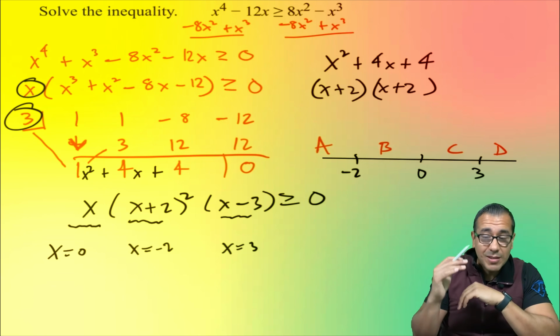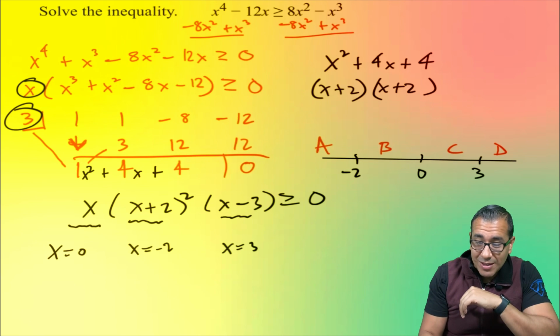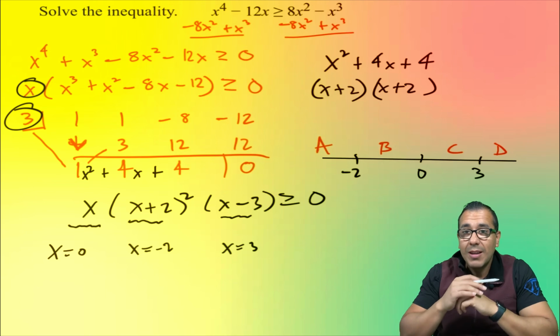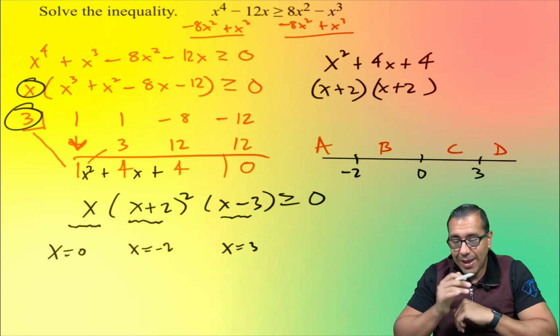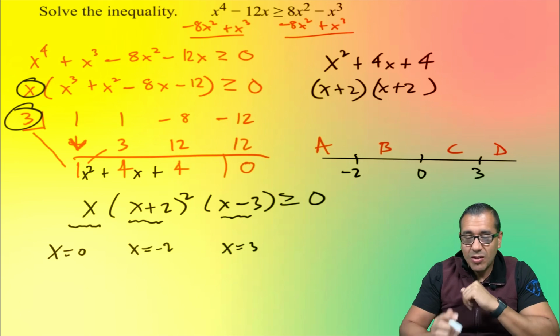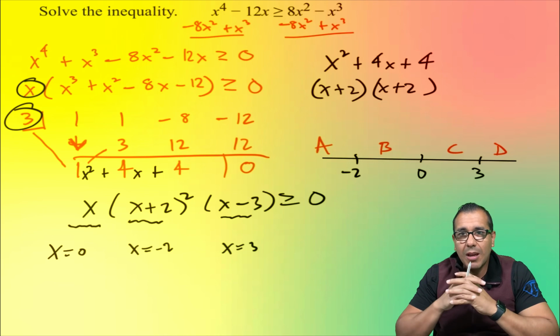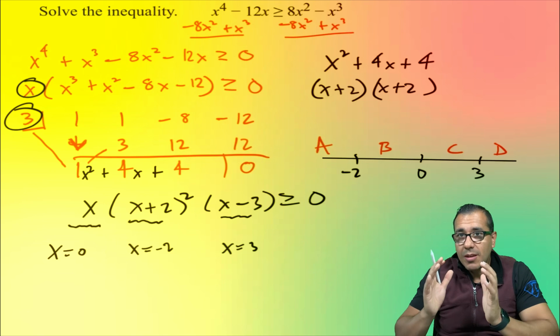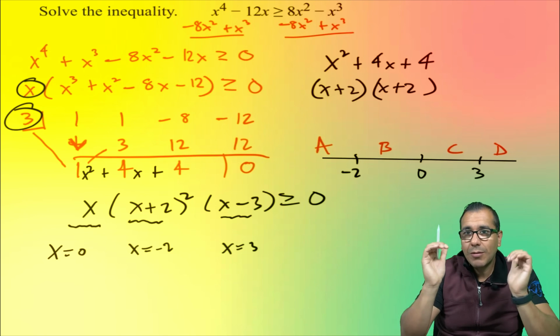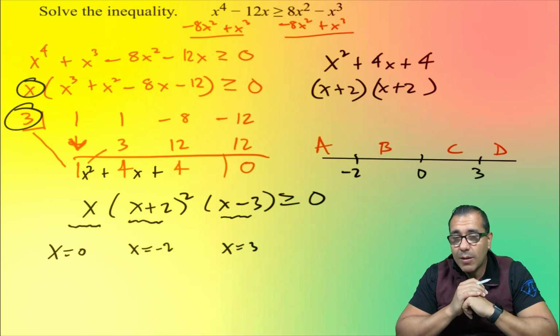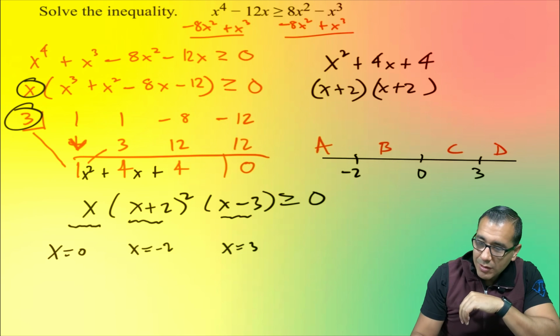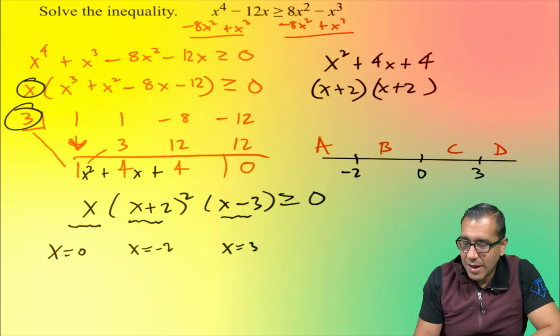So we're looking for positive answers, or if they're equal to 0. Since they're equal to 0, what we're going to talk about next time is just make sure when you're writing your solutions that you're including those endpoints.